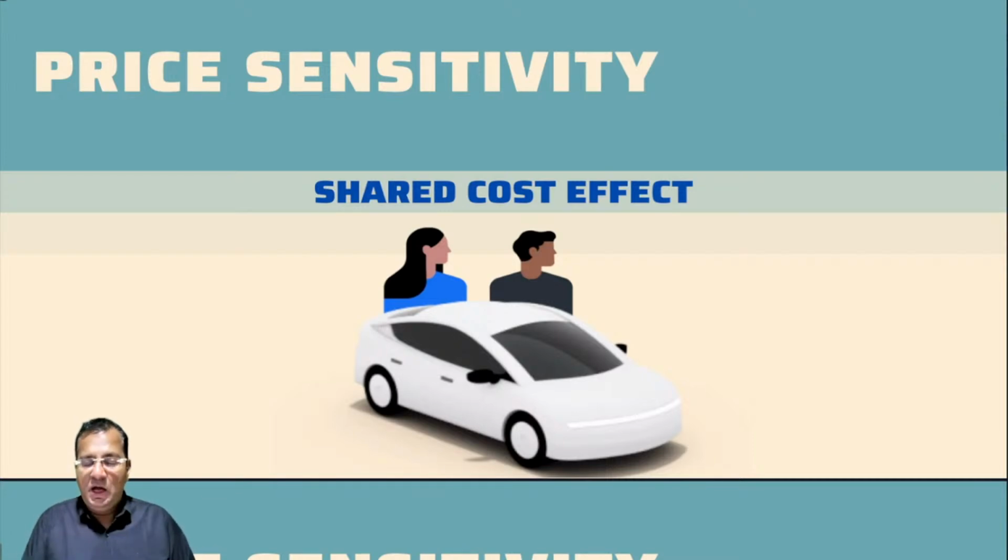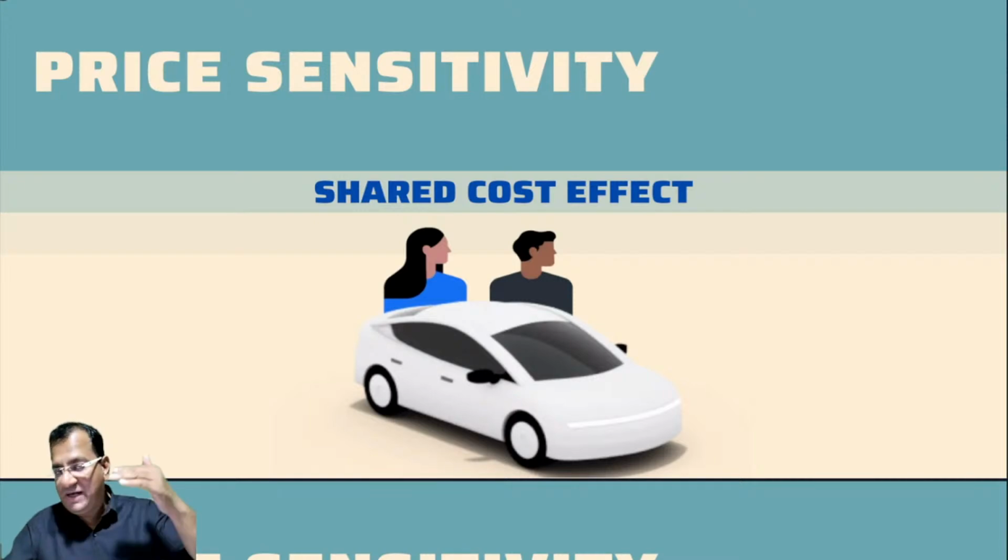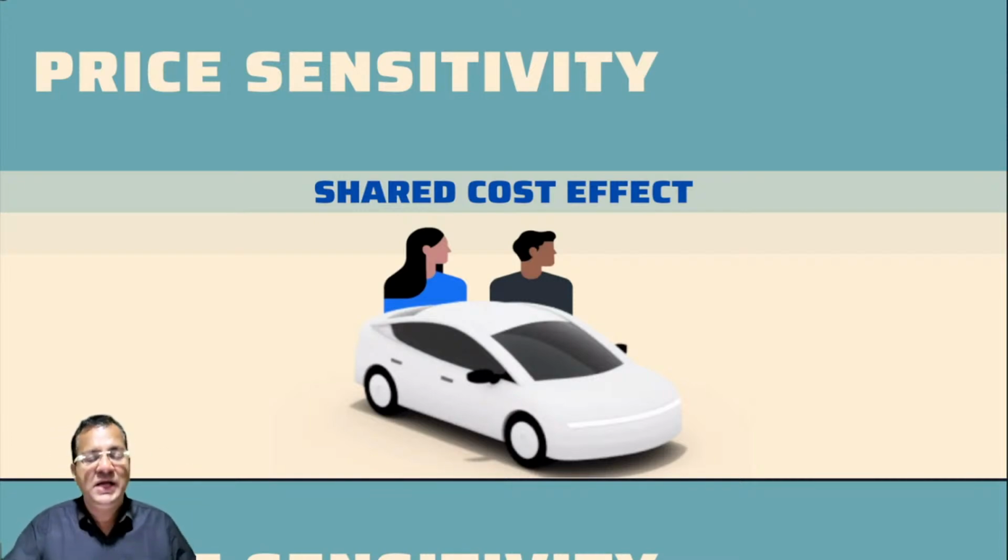In Hindi, if I know the complete cost of my product or service will be borne by a single person, then price sensitivity will be high. But if the product or service is shared by two or more persons, then definitely the price sensitivity will be low.